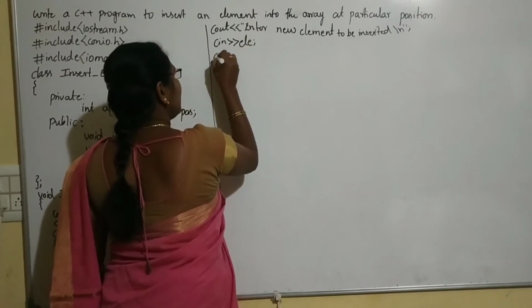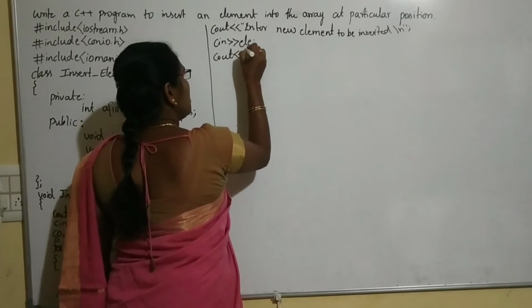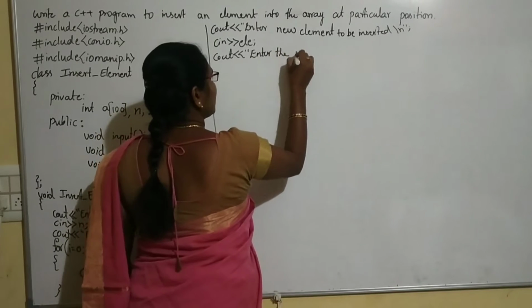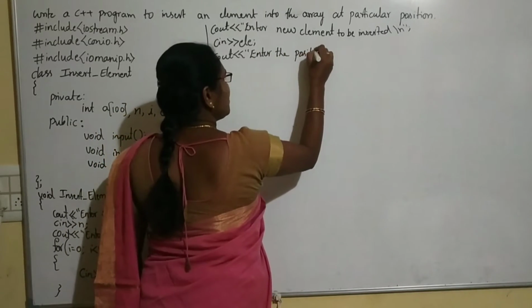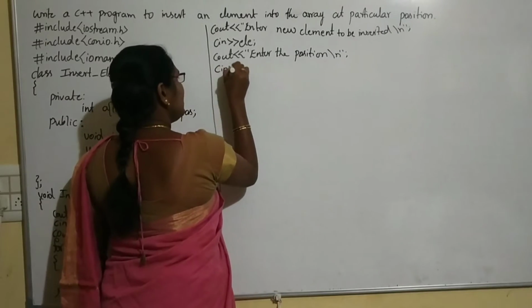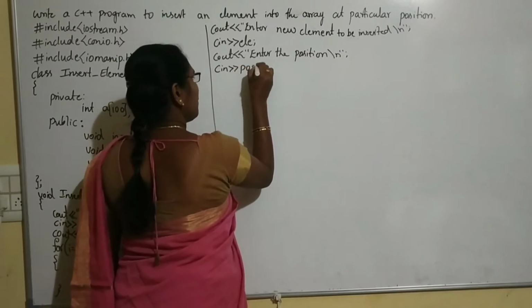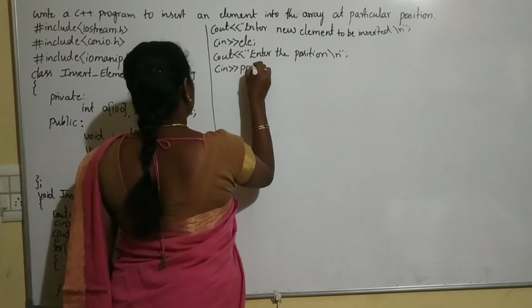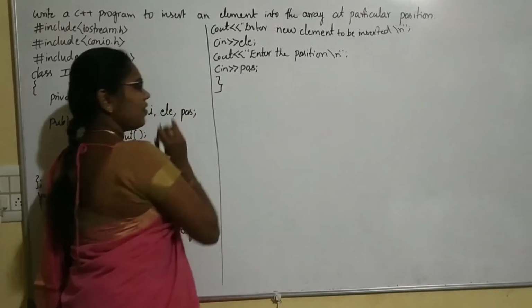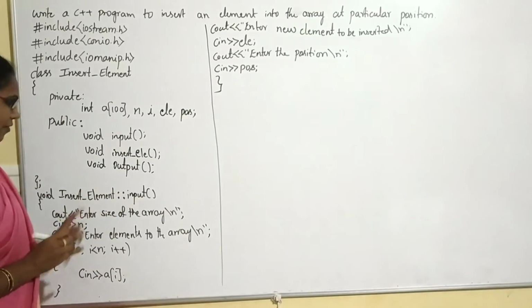Later we read another input, enter the position, for which position we are inserting the element. We read cin POS. Next we close the input member function.